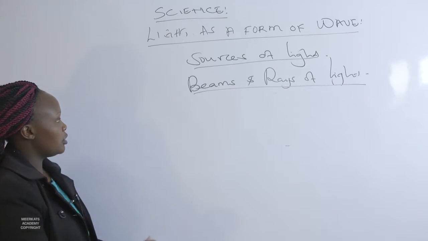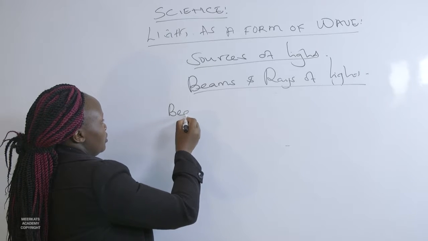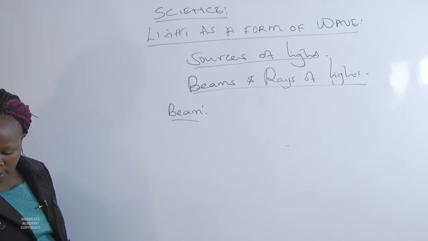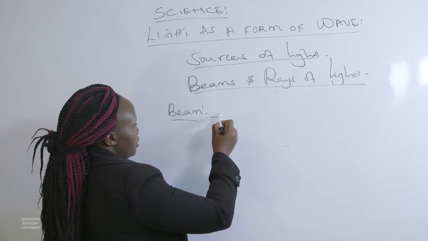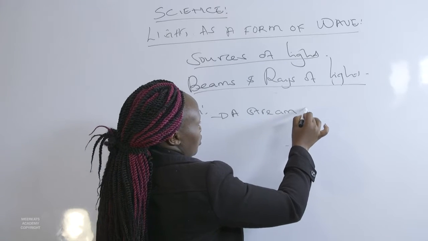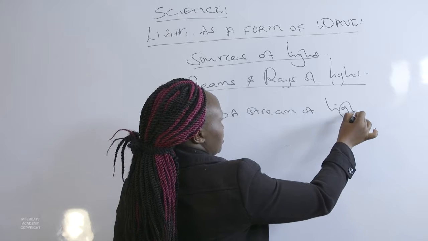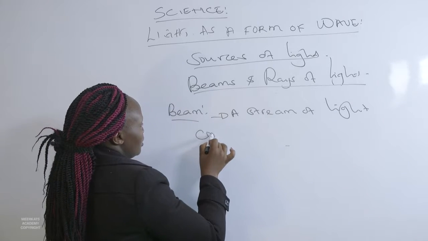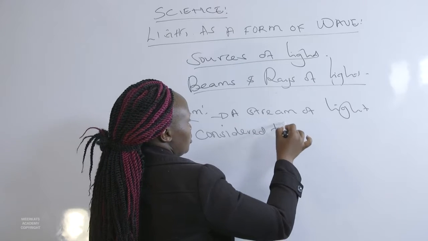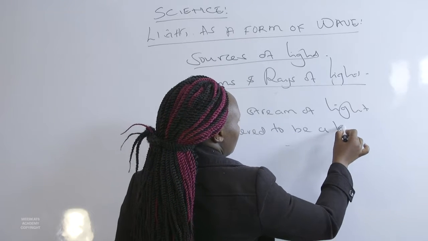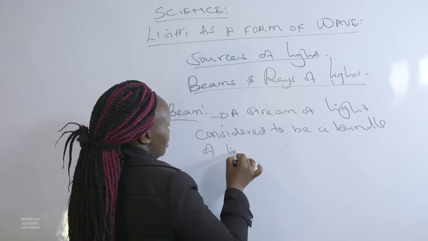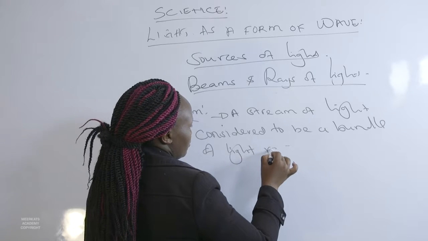Okay, let us define a beam of light, and this one is actually a stream of light considered to be a bundle of light rays.